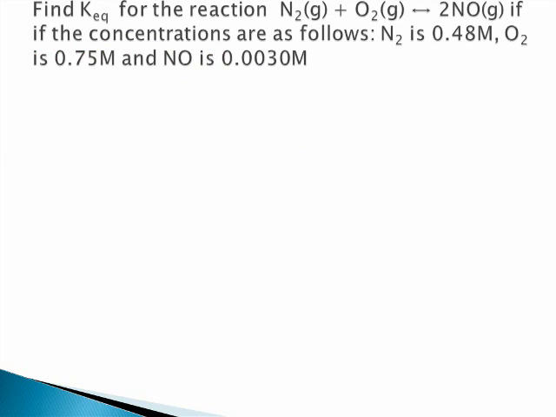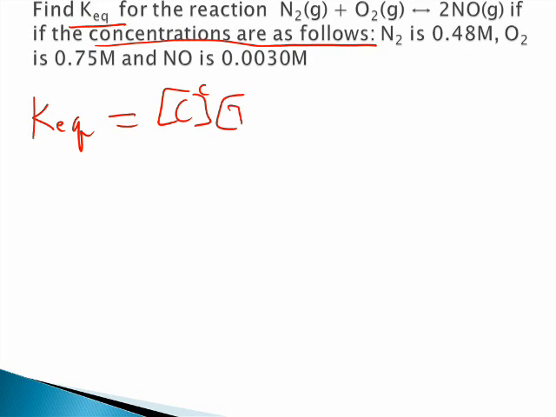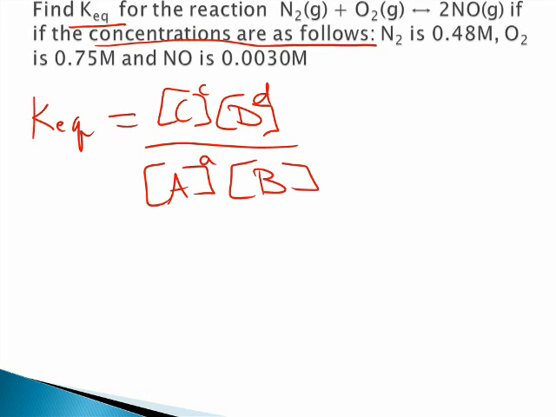Let's try a problem. So for this reaction, we're given concentrations already, so let's find the equilibrium constant. Remember the equation: K equilibrium equals the concentration of C raised to the C power times D raised to the D power, which is the coefficient, over the concentration of reactant A raised to the A power times reactant B to the B power.